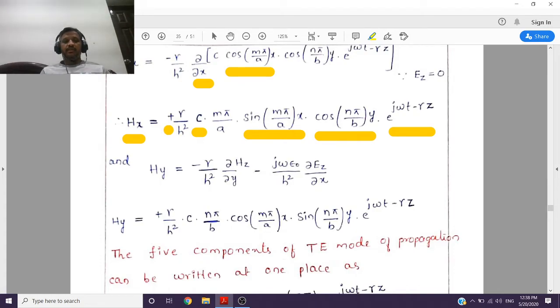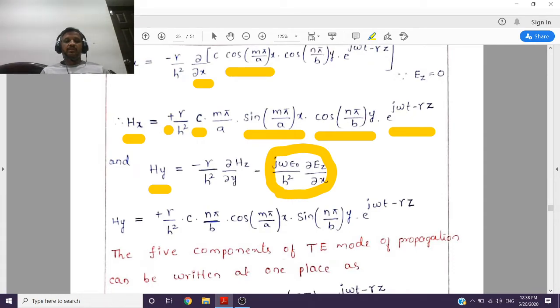And finally, you need to find out hy, which is minus gamma by h square dou hz by dou y minus j omega epsilon naught by h square into dou ez by dou x. Once again, this term will become 0 because ez is 0 for transverse electric mode of analysis. Minus gamma by h square into dou hz by dou y.